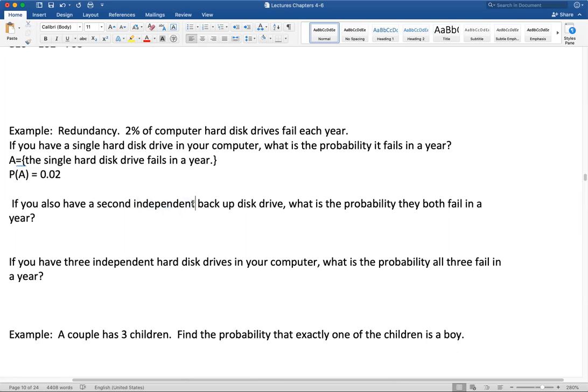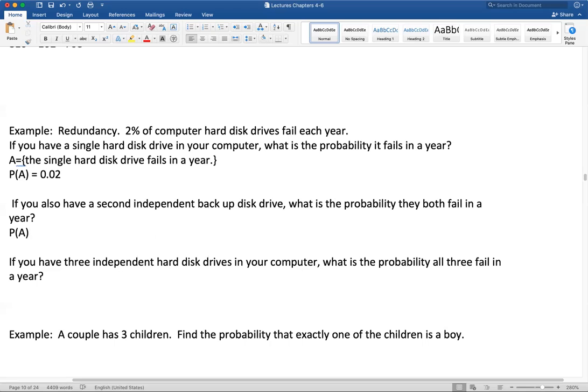Okay, so that means what? It means that the probability the second hard disk drive fails will not be affected by the probability the first hard disk drive fails in a year.